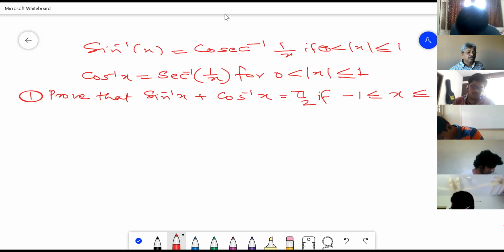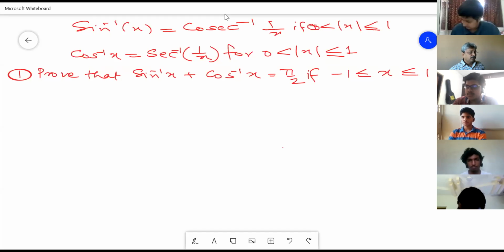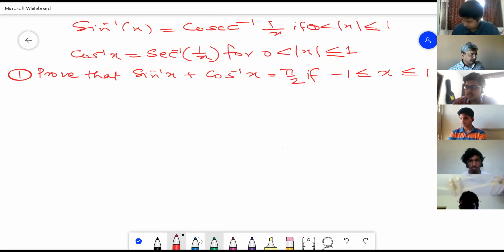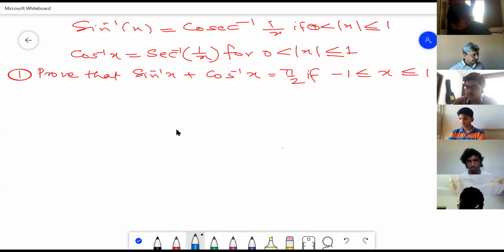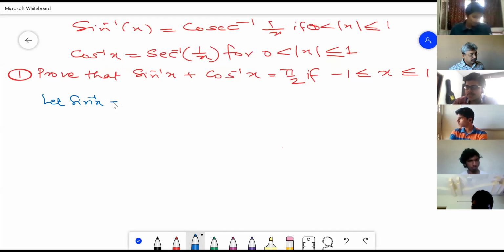Okay, we will wait for you. Let us solve it now. Let us do it. We start with sin inverse x. Let sin inverse x is equal to y.